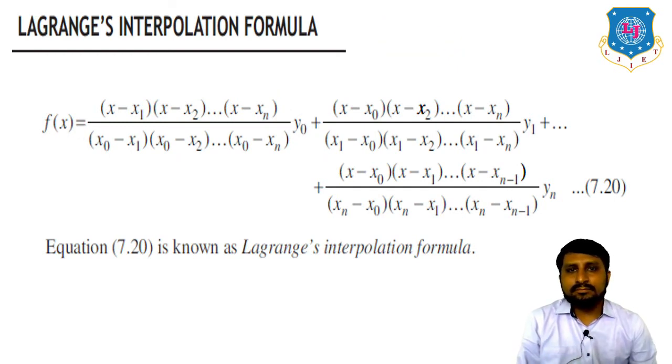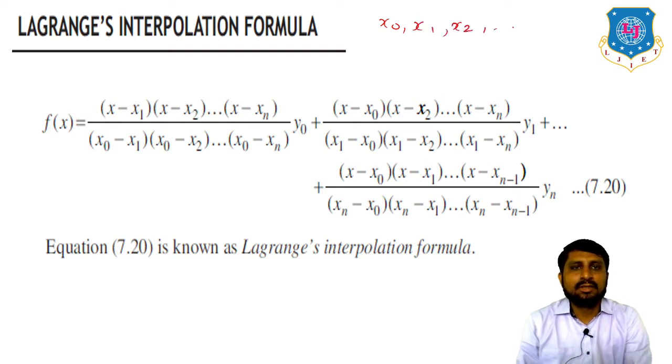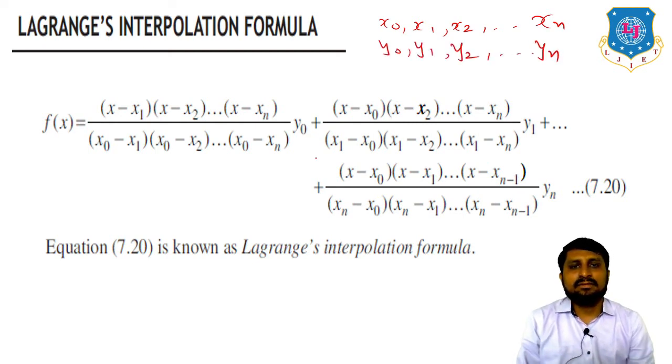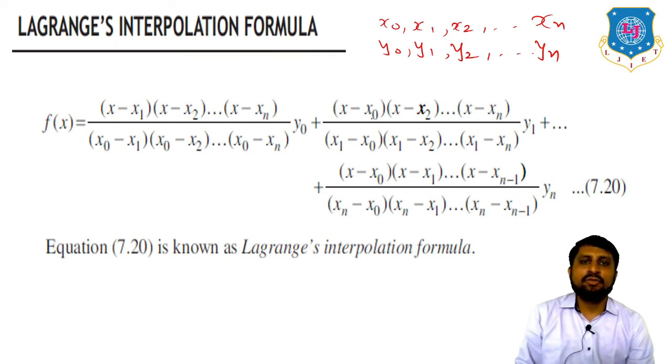Now the second term. In the second term we don't have x1. Again, the entries of x are x0, x1, x2 up to xn, and the entries of y are y0, y1, y2 up to yn. So in the second term, in the numerator, x1 is missing.